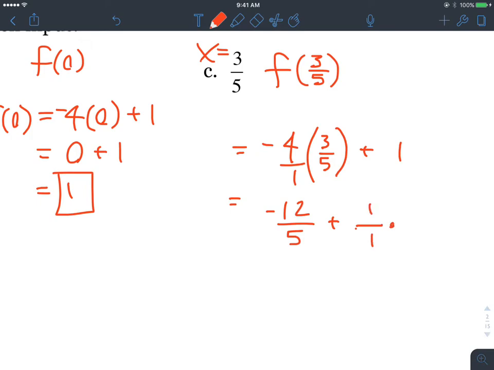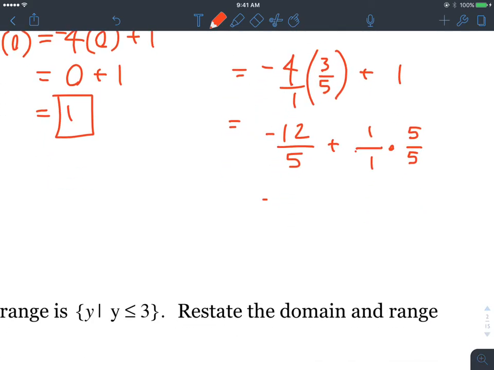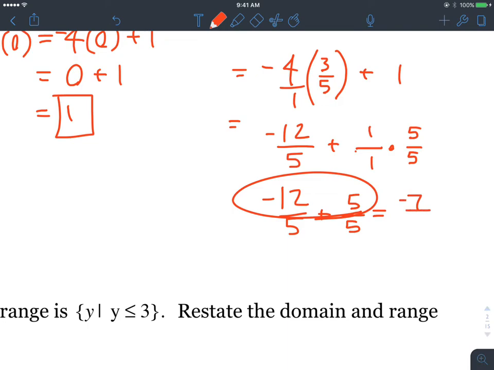Then I multiply the top and bottom by 5 to get the common denominator, so that's 5 over 5. Then you add the numerators, and that should be negative 7 over 5 for your final answer.